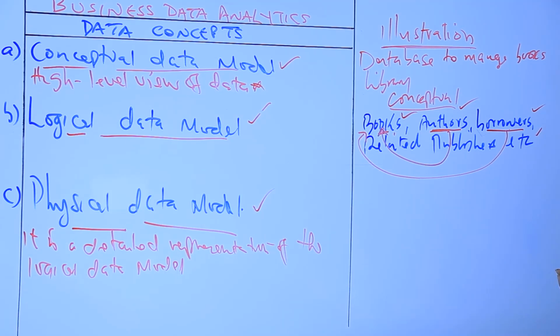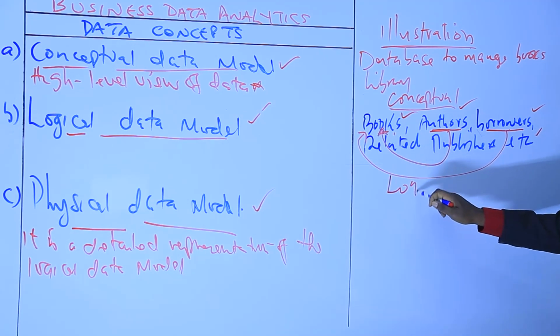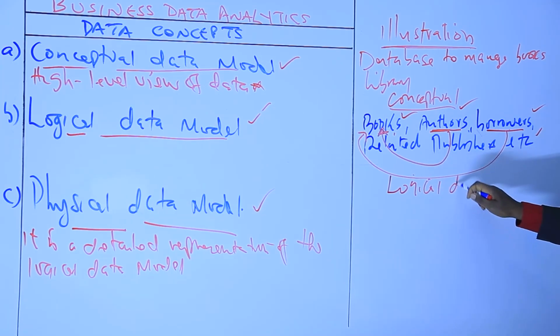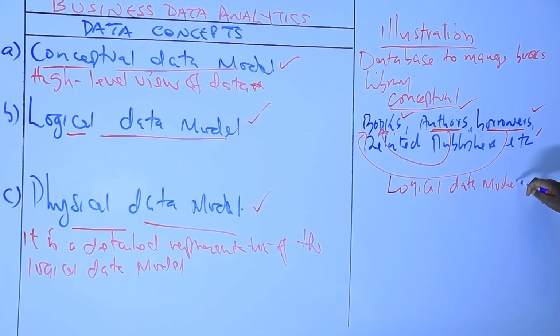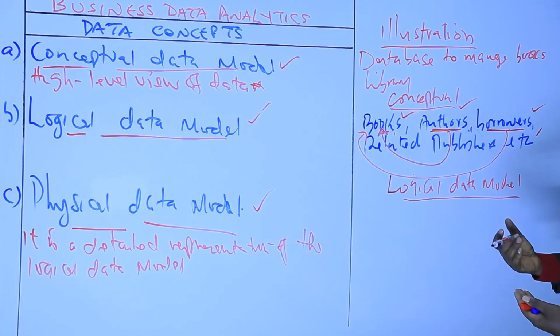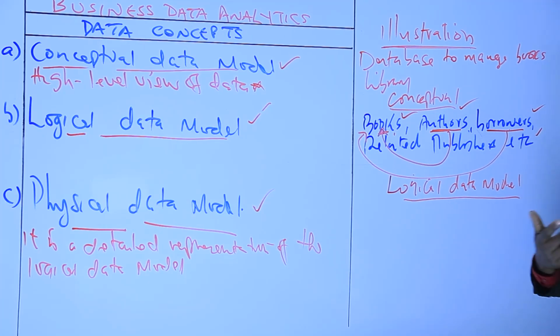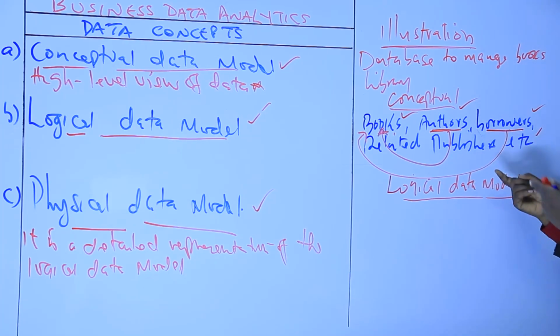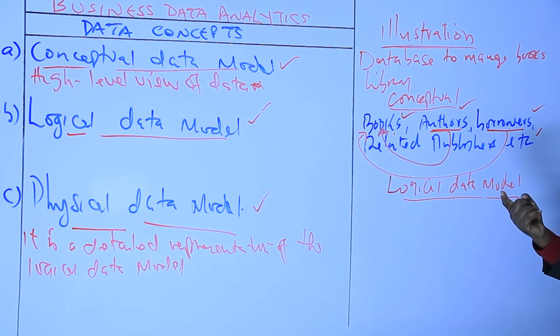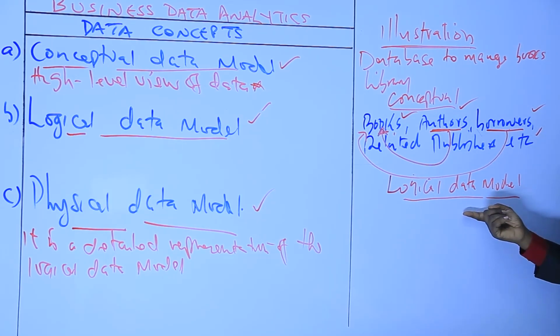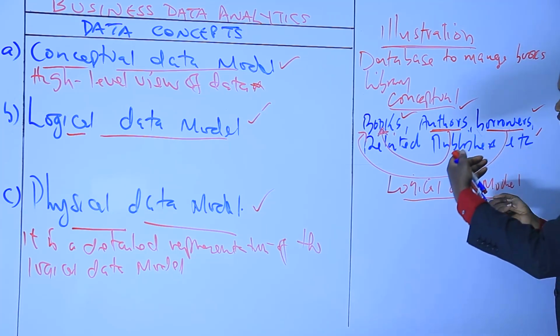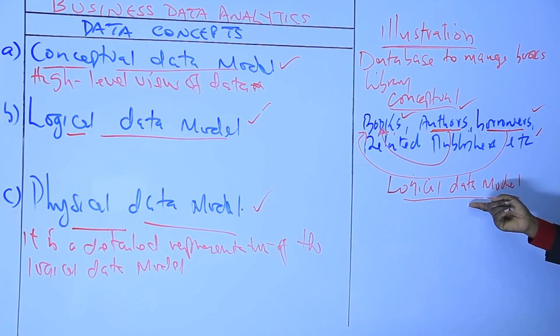Then there is the logical data model. We are trying to illustrate a logical data model in a database to manage books or a library. So the logical data model here will be more detailed than the conceptual data model. It will specify how the data will be organized and structured.